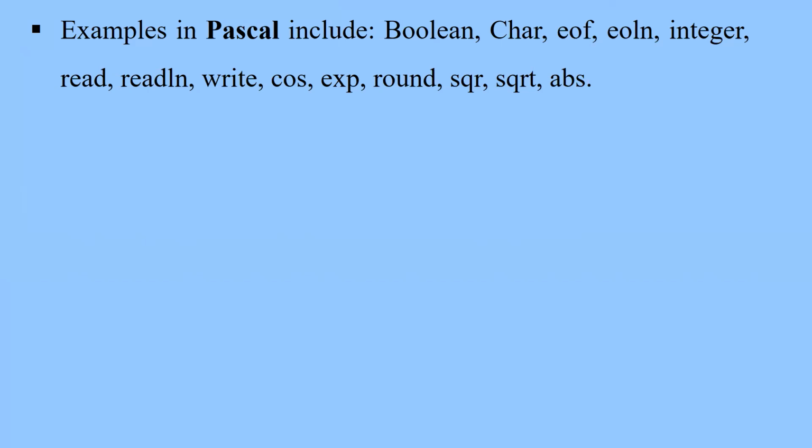But in full, they stand for Boolean, character, end of file, end of line, integer, read, read line, write, cosine, exponent, round, square, square root, absolute. Examples in C include scanf, printf, amongst others.